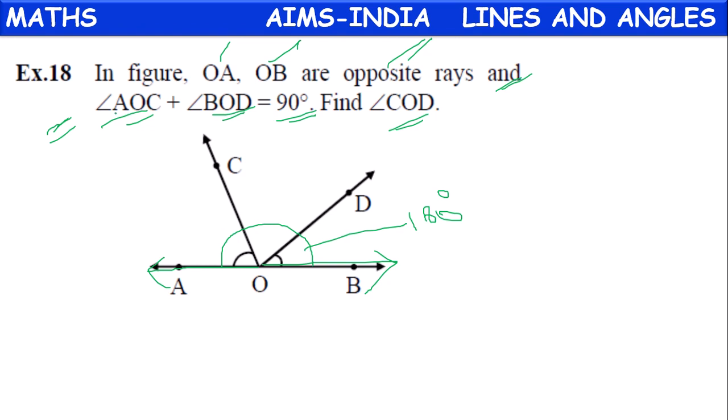So they have given AOC. Suppose it is x, and BOD suppose it is y, x plus y, they have given 90 degrees. Then COD how much?